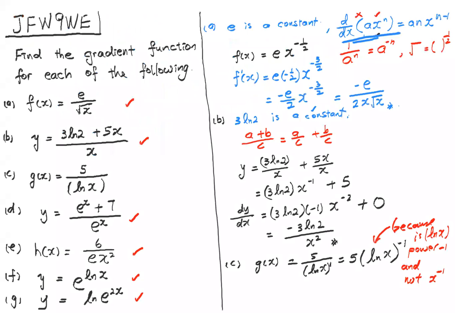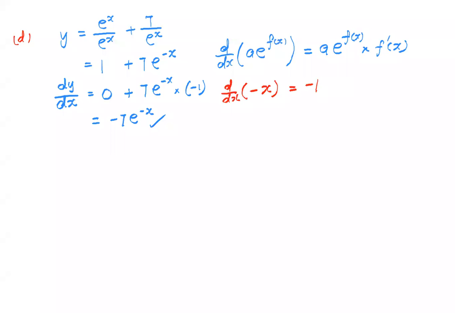That is E. So for E, I'm trying to test you on something. Do you know what I am trying to test you on? Okay, E, 6 over ex squared. What did I put, h(x) or f(x)? h(x) equal to 6 over ex squared.